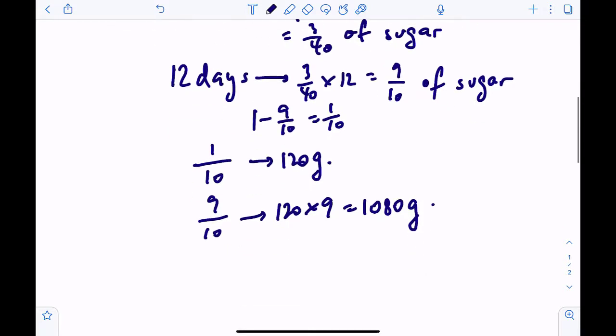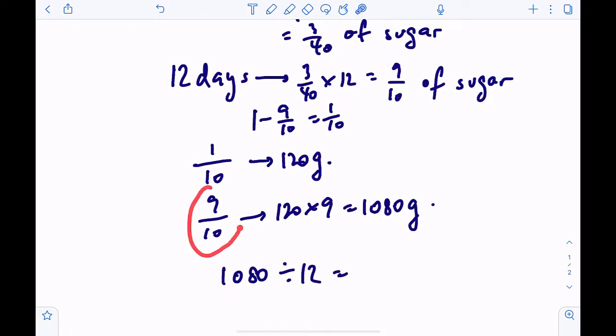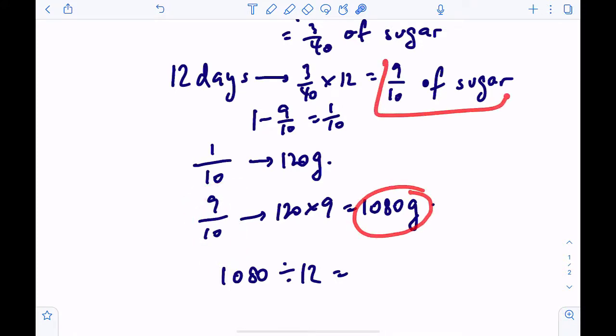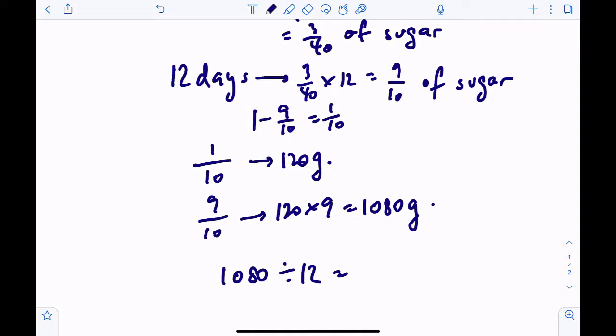And to find for 1 day of sugar, we will take 1,080 divided by 12 days. Because take note, 9 over 10 of sugar represents 1,080 grams, and that is for 12 days. So for 1 day, we'll take this divided by 12, and we'll get an answer of 90 grams of sugar usage for each day.